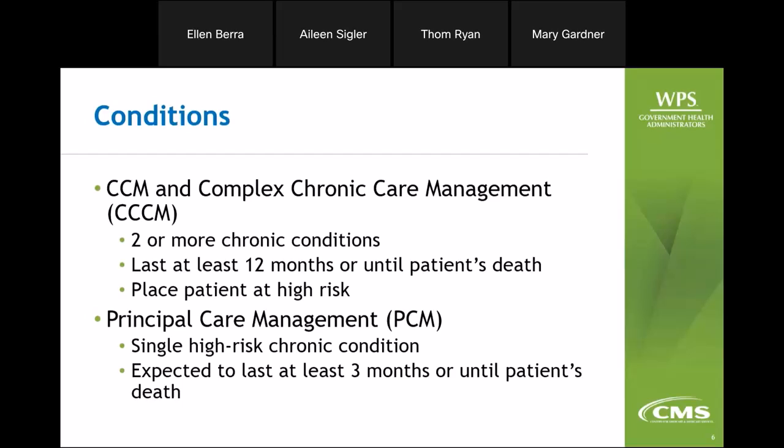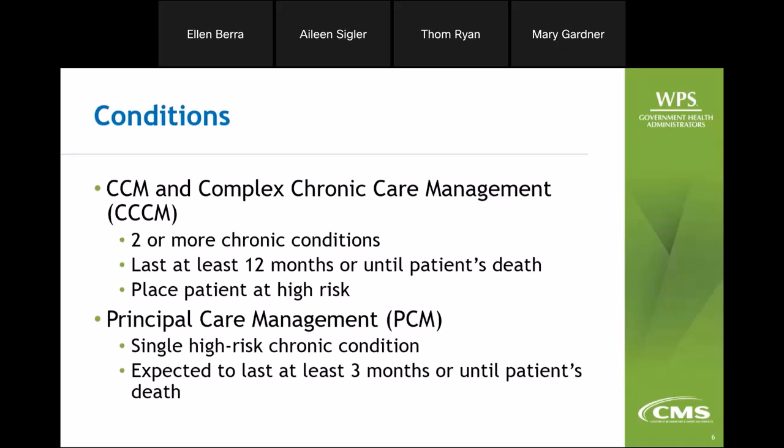In addition to that, the chronic condition is going to place that patient at high risk of morbidity, mortality, decline in function, exacerbation, or death.